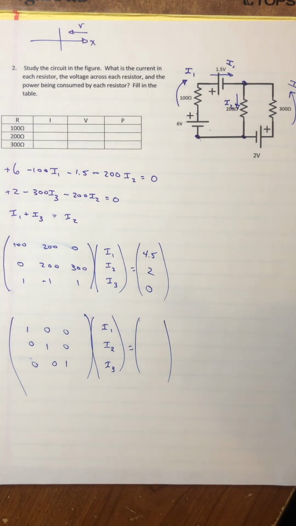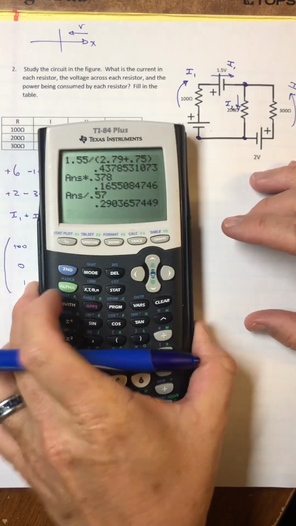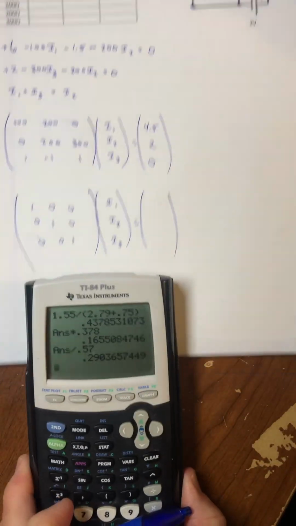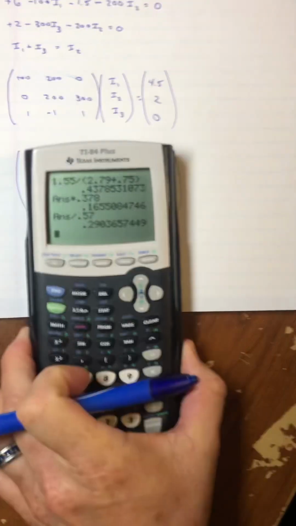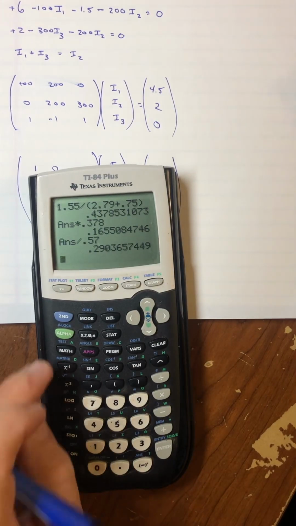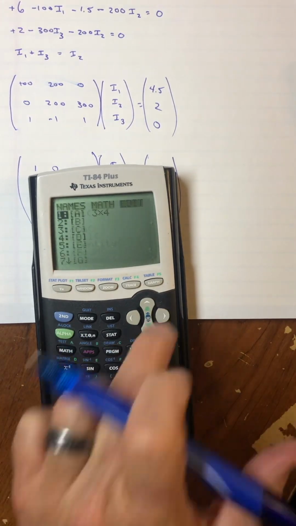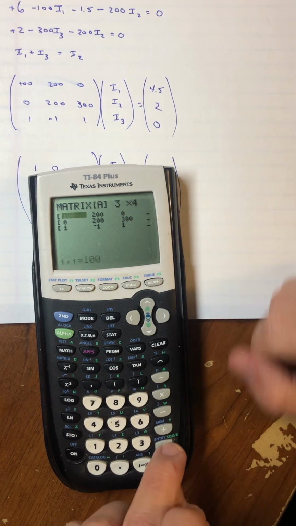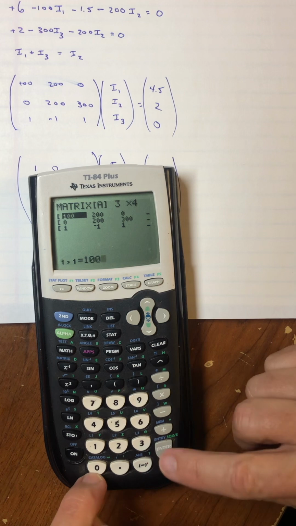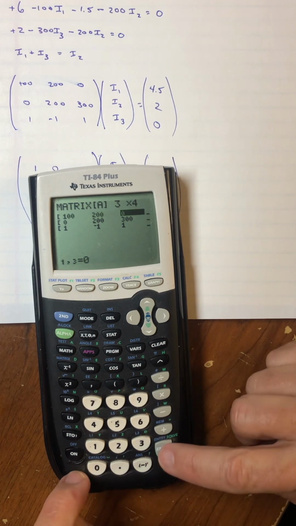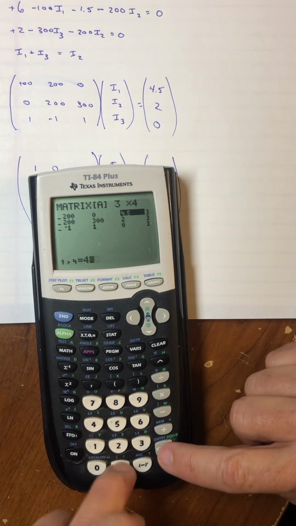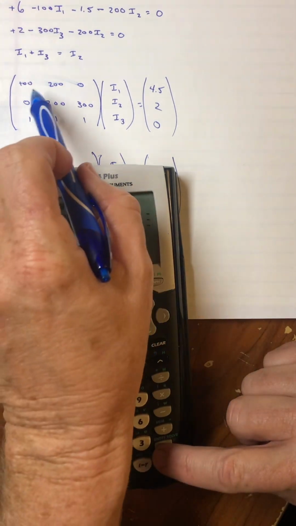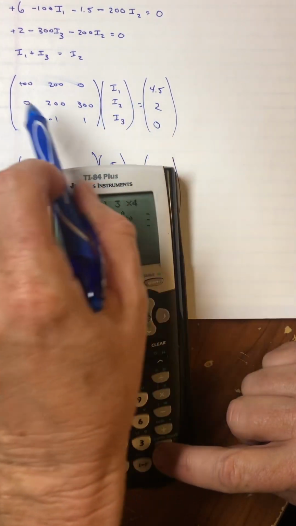And so, let's see, how do I get to my matrix? Let me set this in the screen here. I'll go to my matrix, go to edit, and go 3, 4, and I'll enter a 100, a 200, a 0, and a 4.5. So that's that first row.